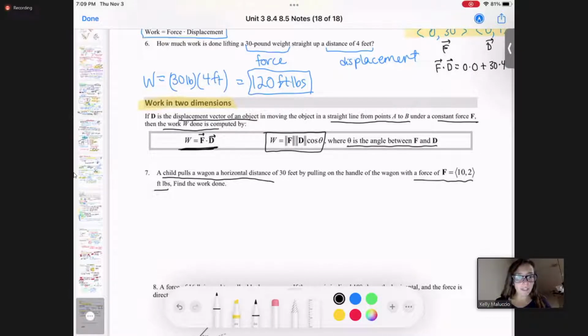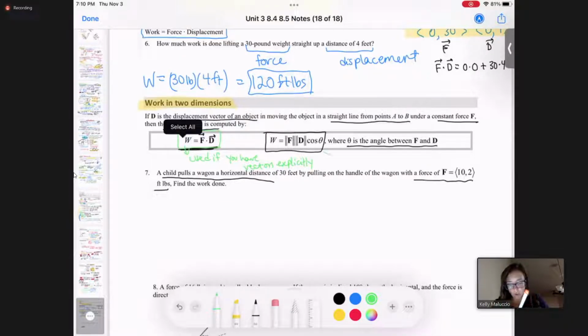So what we have here is, and notice, I guess we'll note this equation will be used if you have the vectors explicitly. Like they say, here's the force vector, here's the distance.